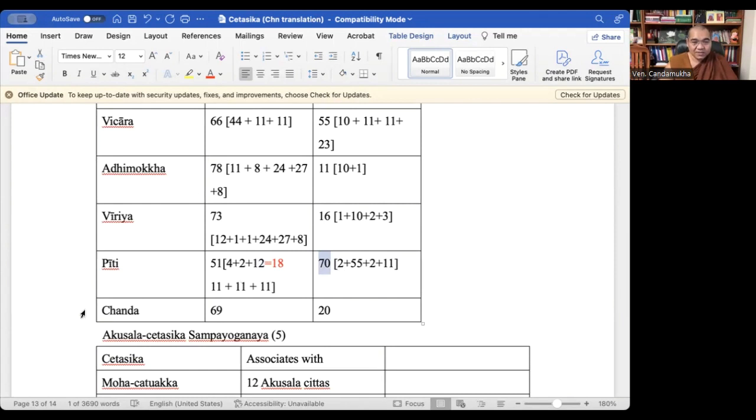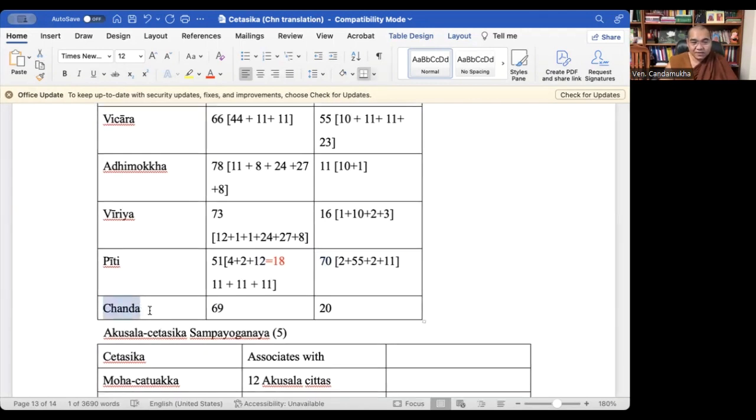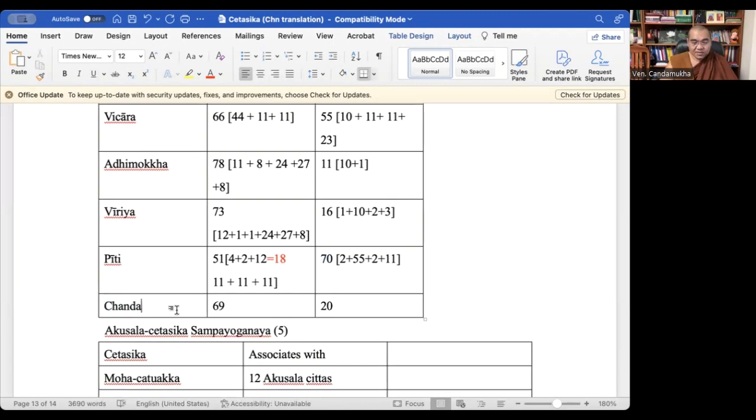The last one is the Chanda. Chanda is a desire to do, desire to go. That is the Chanda Cetasika. So for Chanda Cetasika, association and dissociation: dissociation you can understand easily, because Chanda is a desire.